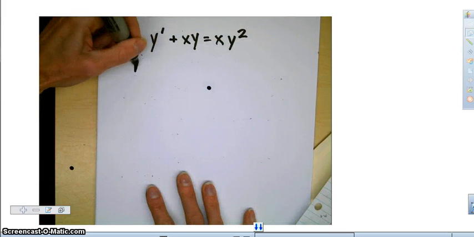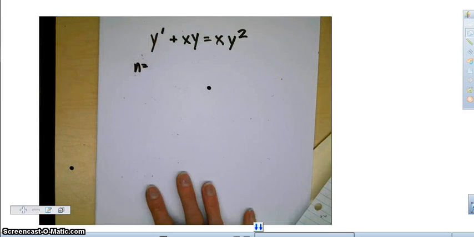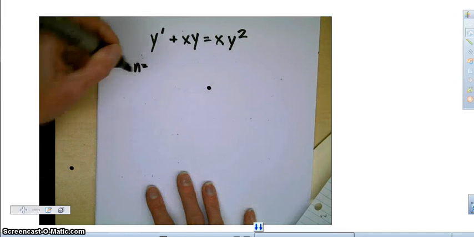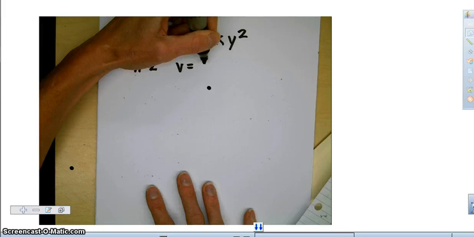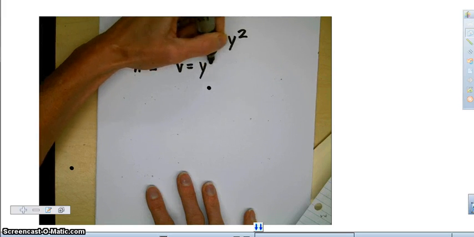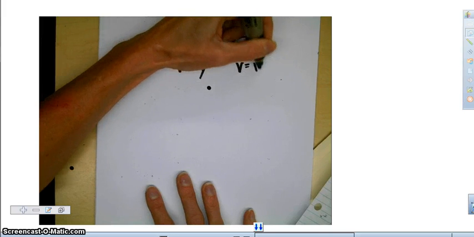What is n in my problem here? n is the power on that y at the end, so n is 2. So my v is going to be y to the 1 minus 2 power, or v is y to the negative 1 power.